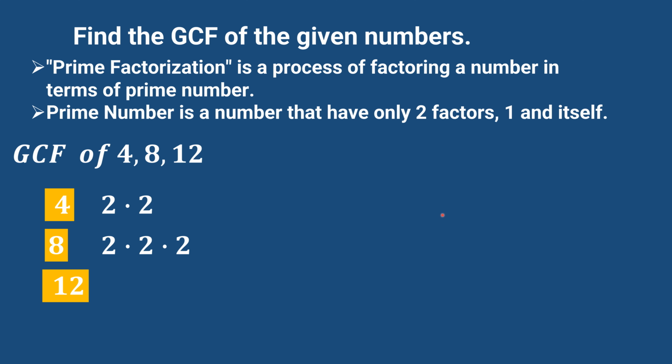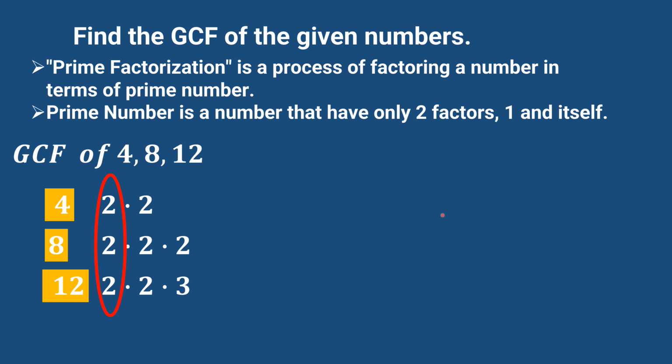Next, the 8 has prime factors 2 times 2 times 2, and it's 8. Then the 12, we have 2 times 2, which is 4, times 3, which is 12.